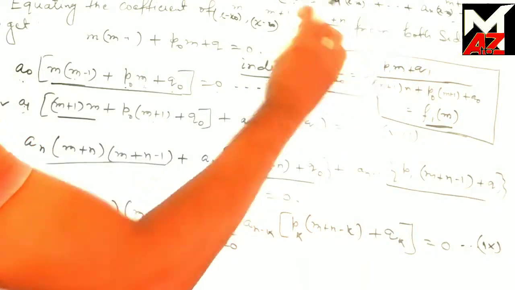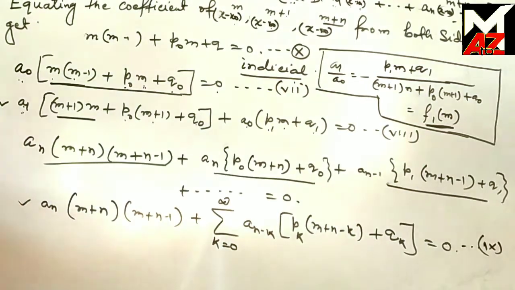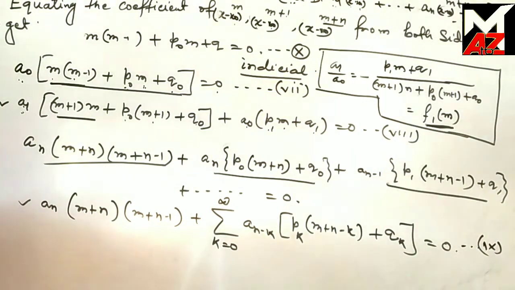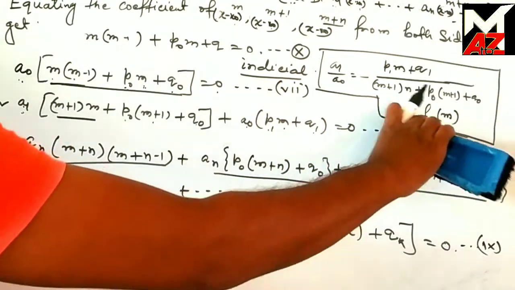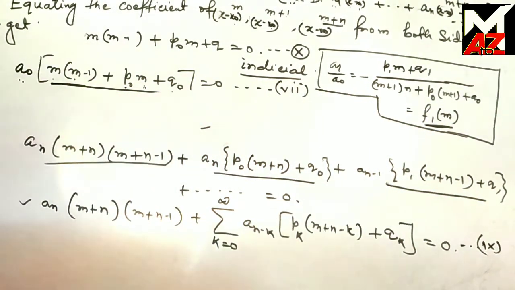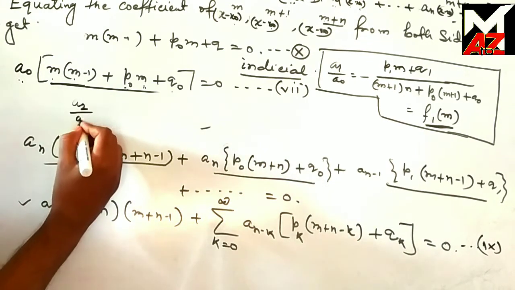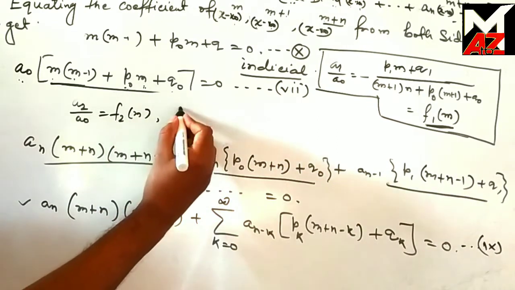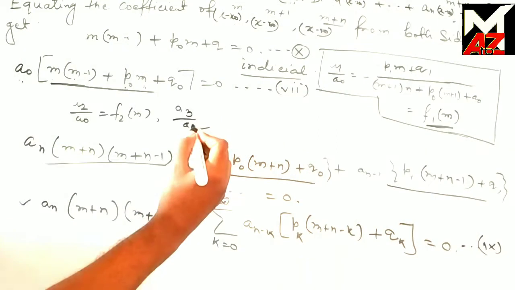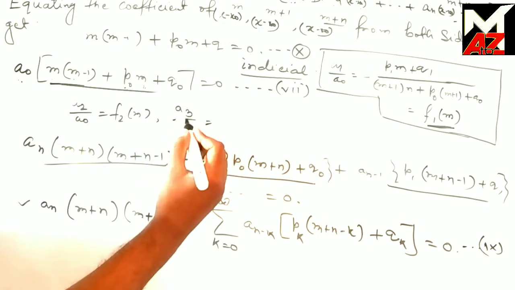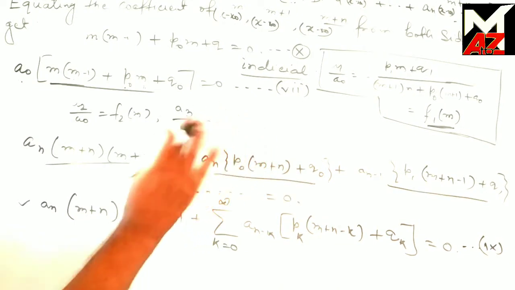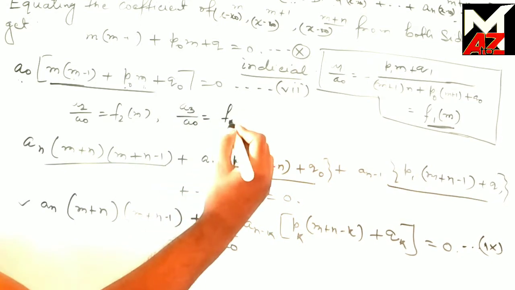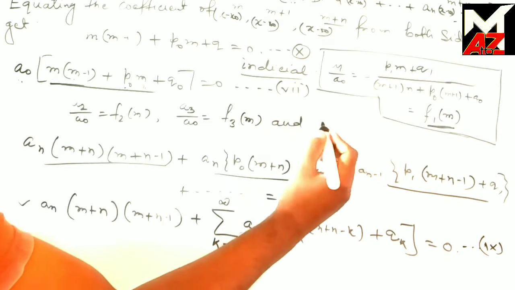Now using this value and using this relation for a particular value of n, we get in a similar way a2 by a0 as f2(m), a3 by a0 equal to f3(m), and so on.